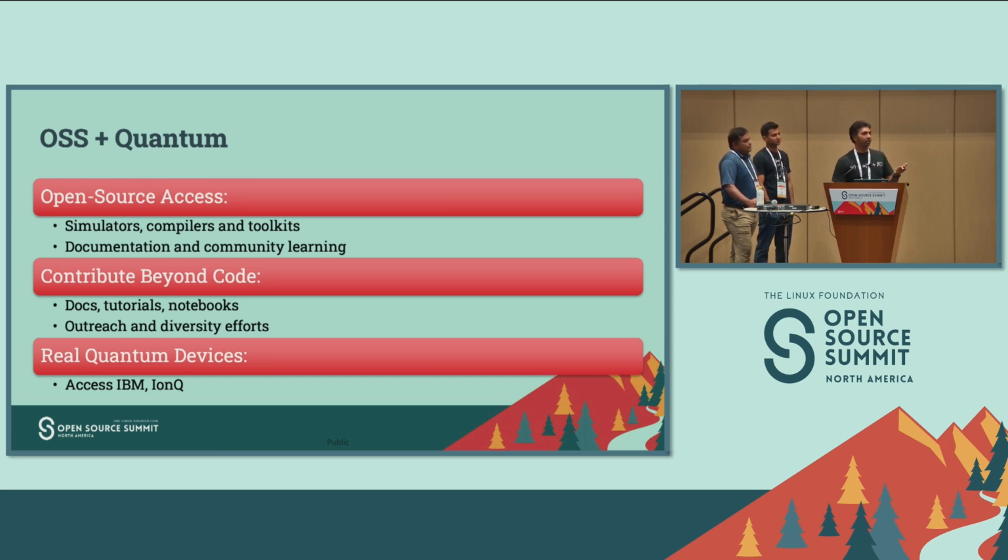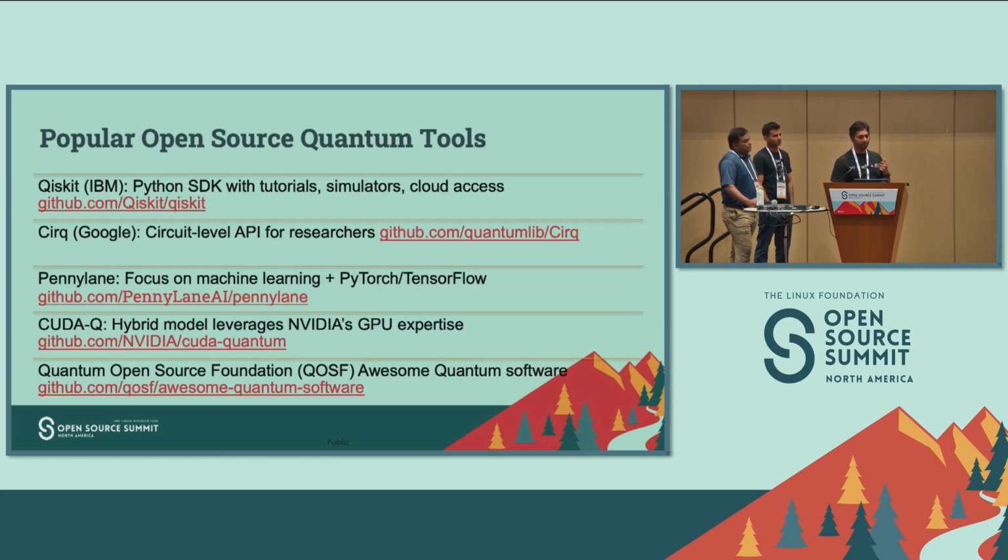Again, when we measure the state of the quantum bit, it collapses to that measurement. So we don't want to measure, but just for the sake of the experiment, we'll measure in a minute. These are some of the open source tools: Qiskit with IBM, Cirq with Google, PennyLane, CUDA. They all come as frameworks and simulators, and we also have an awesome quantum software foundation where you can pick up any open source project and contribute to it.